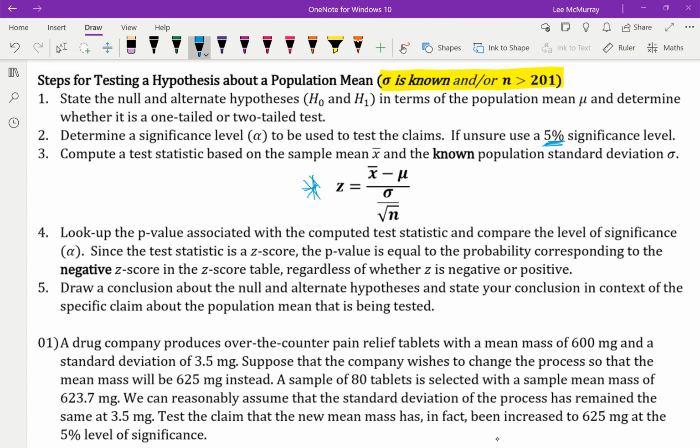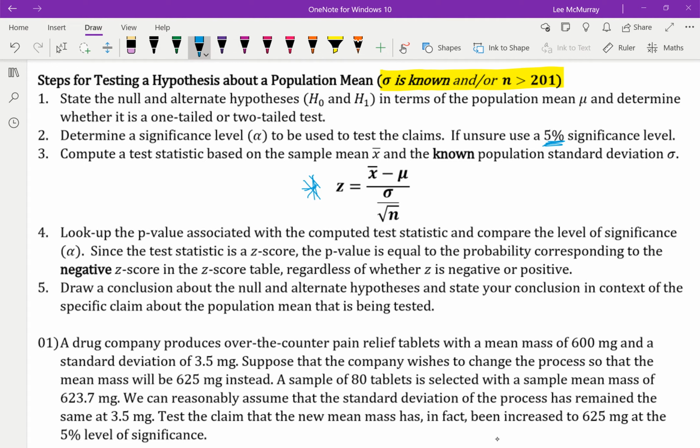Number 4, we're going to look up the p-value associated with the computed test statistic and compare it to the level of significance alpha. So remember, once we have our z value in this example, we have to look it up on the z-score table to determine what our p-value is. And since the test statistic is a z-score, the p-value is equal to the probability corresponding to the negative z-score in the z-score table, regardless of whether the z is negative or positive.